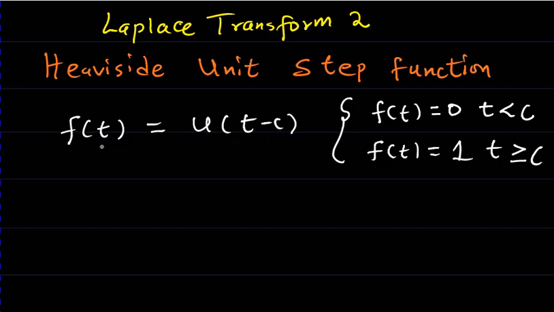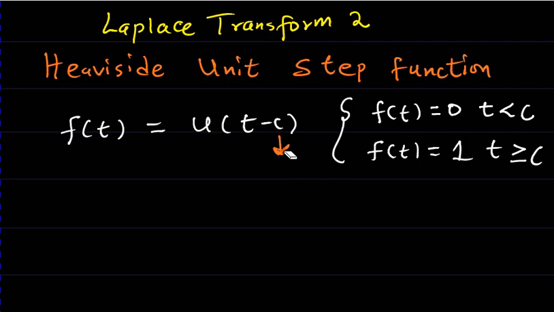It is denoted as f of t equal to u of t minus c. This is the expression. Now, the c is the shift, or the time at which the function actually turns on.